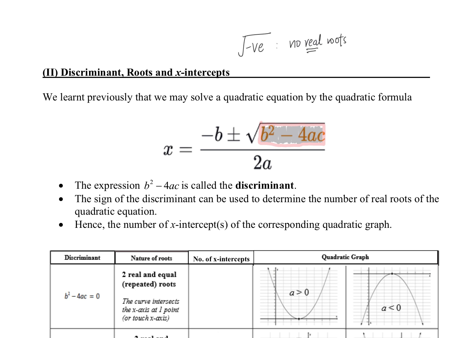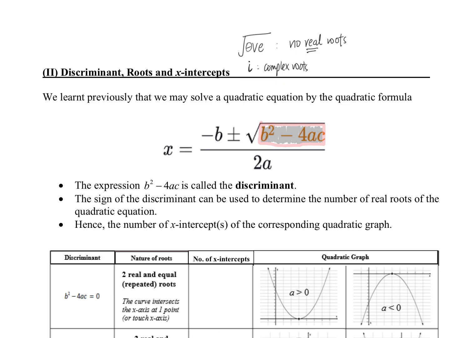No real roots because on the real number line, based on what you are learning at Sec 4, you cannot find a solution. Okay, but when you go JC and Poly, they will tell you there's complex roots. Because negative, they introduce this letter i for complex roots. So now I tell you no solution. But when you go JC or Poly, they will say have solution.